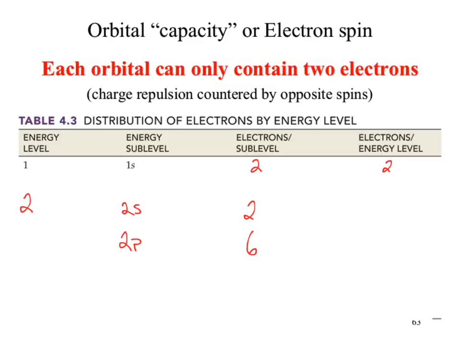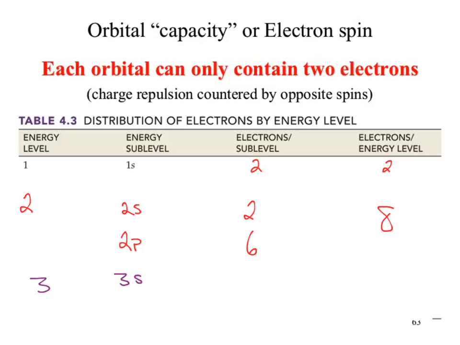Probably also 3. How many electrons fit into the second energy level? 8. Why did I not say 2 or 6? Because in the second energy level, it's any orbital that has the 2 in front of it. I have both the 2s and the 2p. Make sense? Okay.